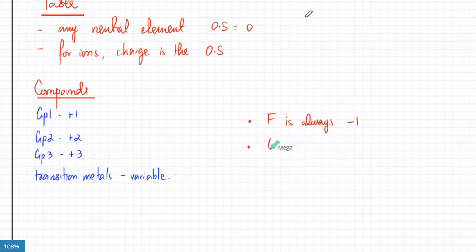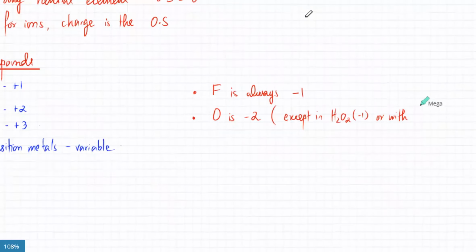So oxygen is -2, with some exceptions: in H2O2, where it's actually -1, and another one, with fluorine.